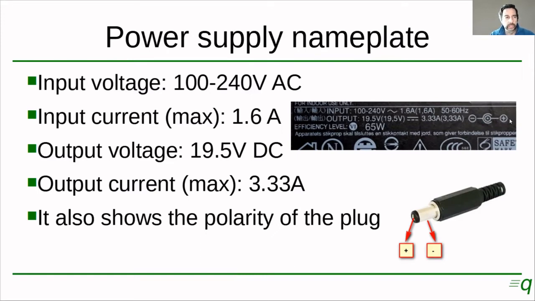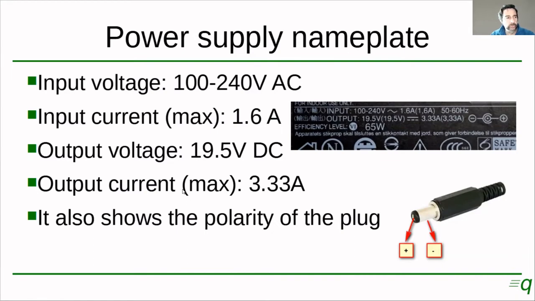At the end it's going to have a plug something like this, with some connection in the center and another connection on the outside. As this is showing, the center is positive and the outside is negative. So if you connect a voltmeter here, you would connect the negative terminal over here and the positive terminal over here.